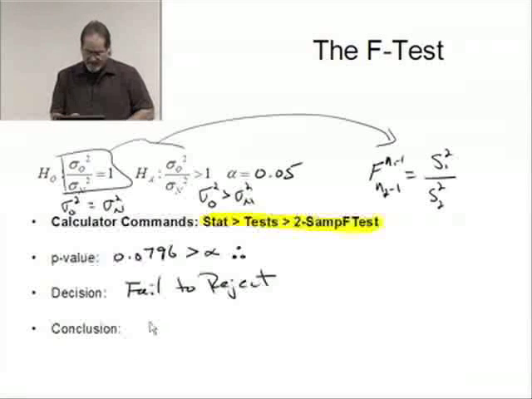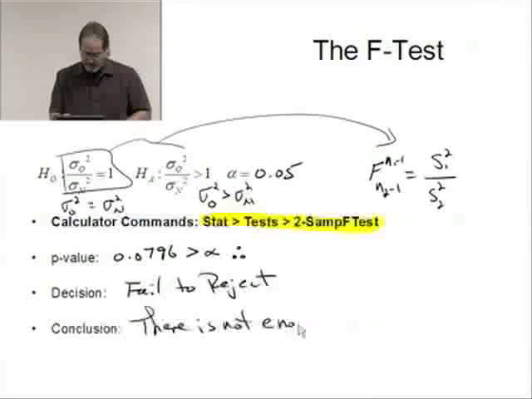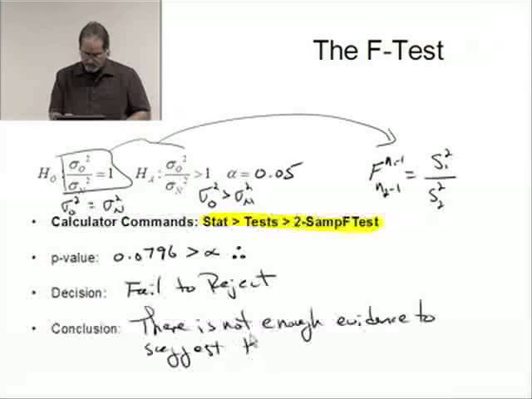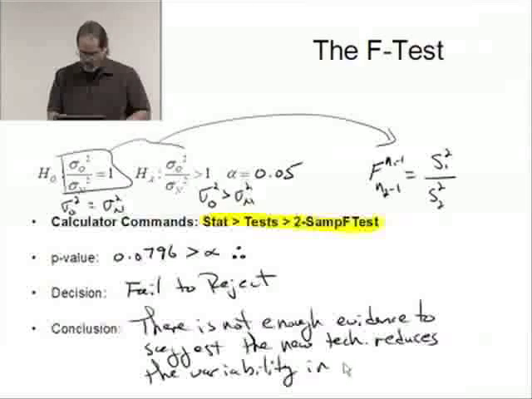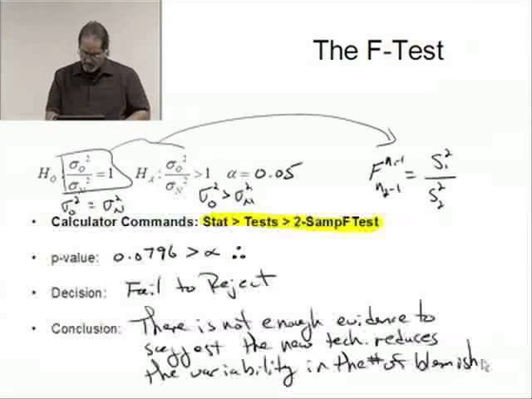The conclusion, based on this data: there is not enough evidence to suggest the new technique or process, whatever you want to call it, reduces the variability, and let's say the number of blemishes.